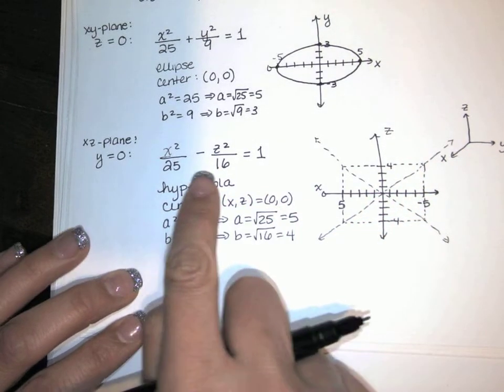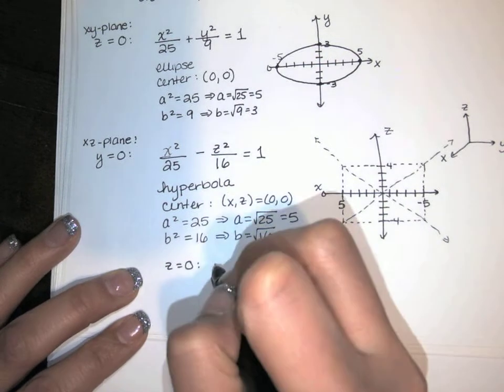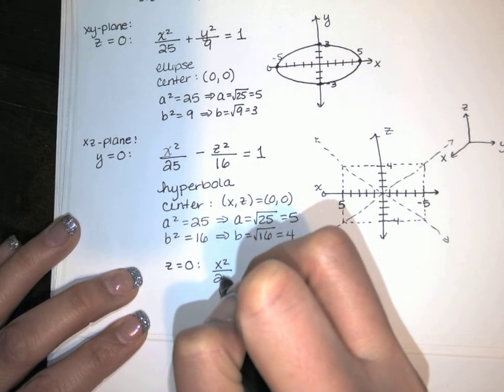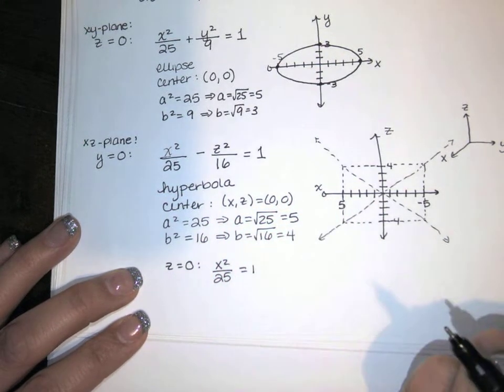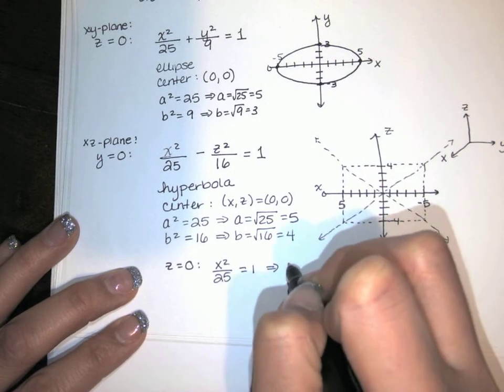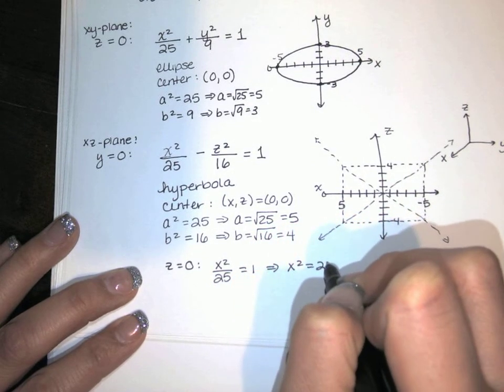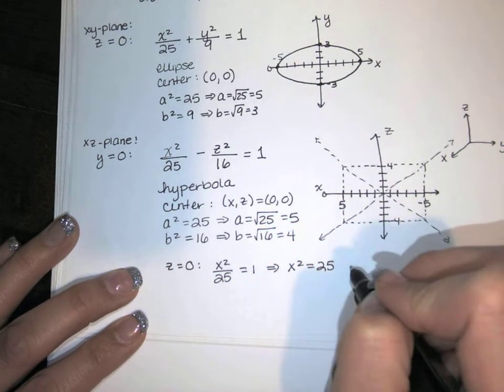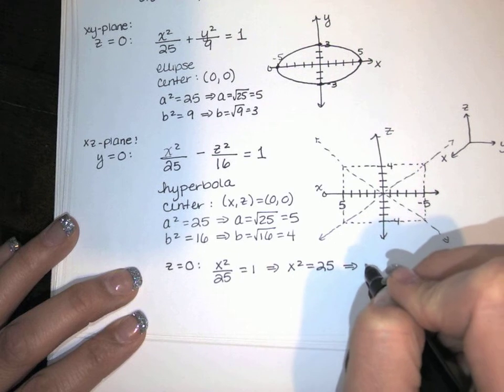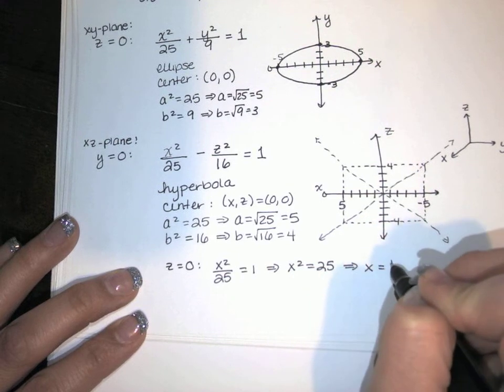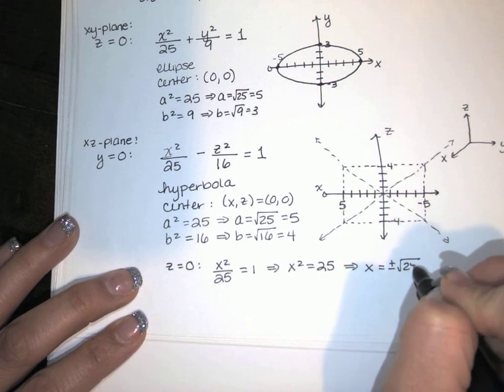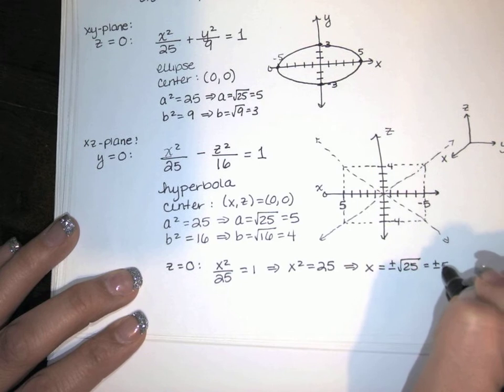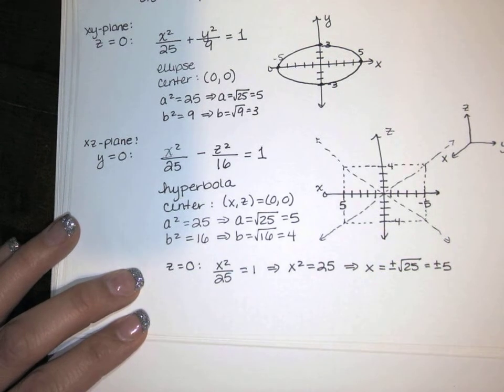So when z equals 0 and I'm on this curve, I have x squared over 25 equals 1. And if I multiply both sides by 25, that gives me x squared equals 25. And if I take the square root of both sides, don't forget the plus or minus on the right, we get x equals plus or minus 5.